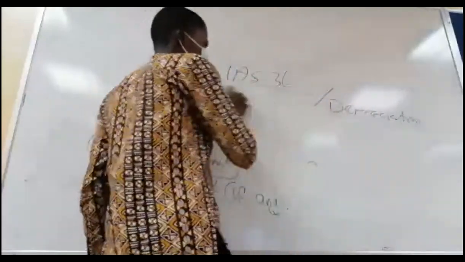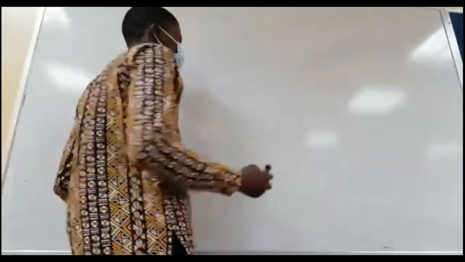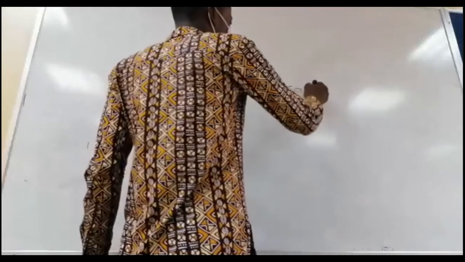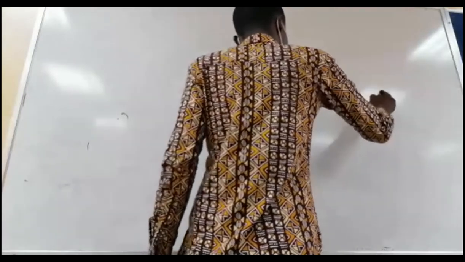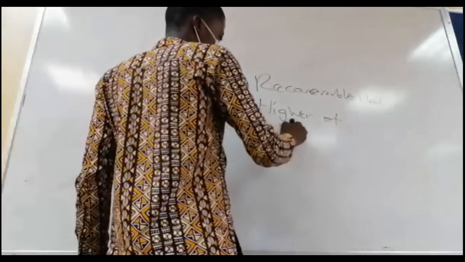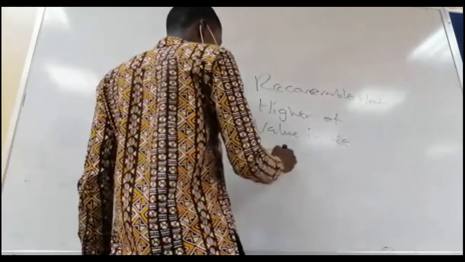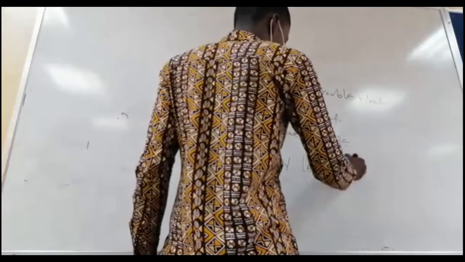Okay, so let's do it well here. We said that the recoverable amount is the higher of two items: one, value in use, and two, fair value less cost to sell.